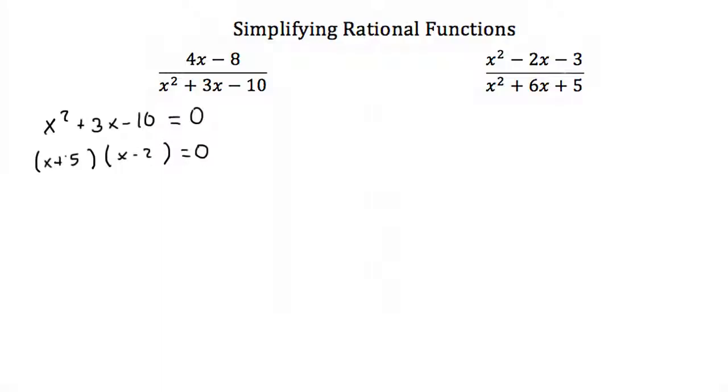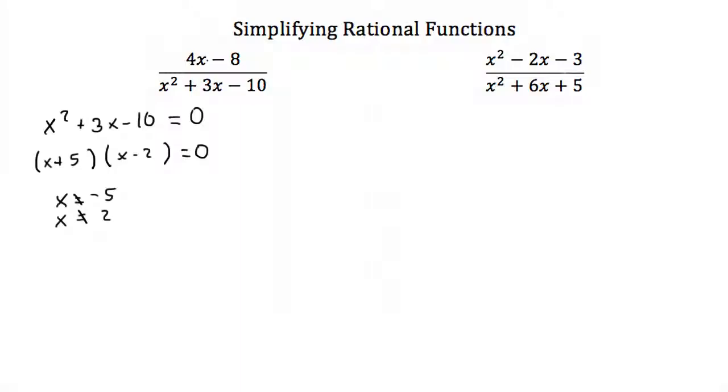Therefore, by the zero product property, I have x is equal to negative 5 and x is equal to positive 2. But these are my excluded values. So that actually means that x cannot equal negative 5 and x cannot equal positive 2, because if they do, then my denominator is going to be 0.